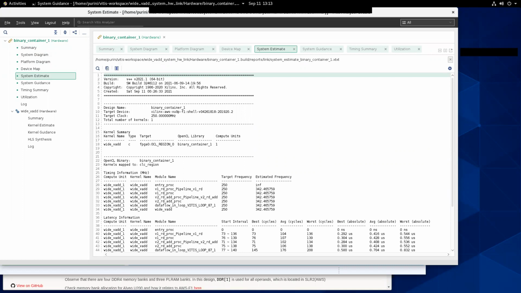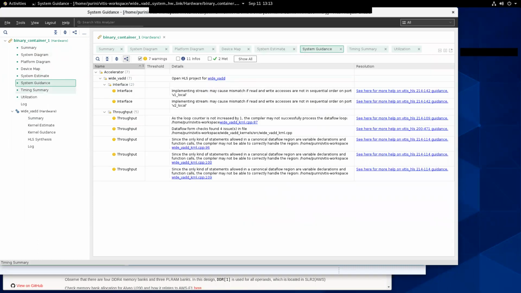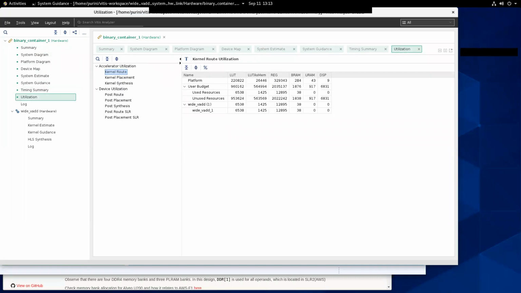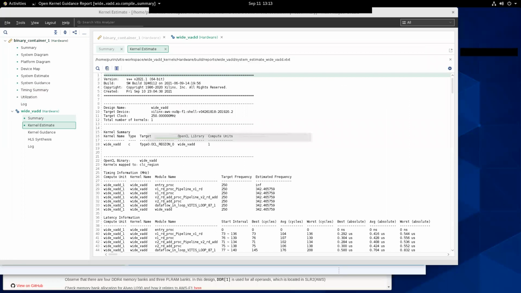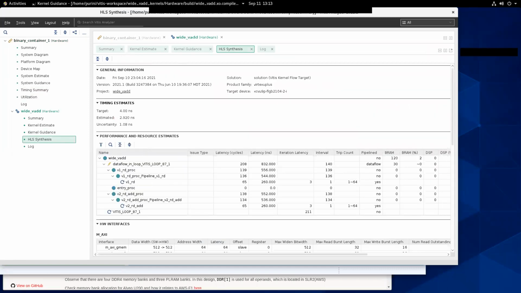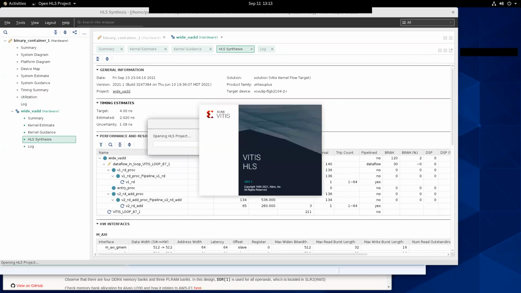And maybe we will look at this in the HLS synthesis summary. So let's go back. Yeah, let's go to the associated HLS design.